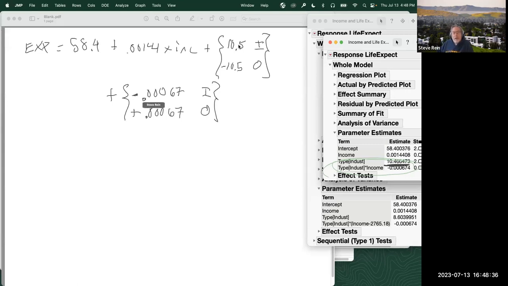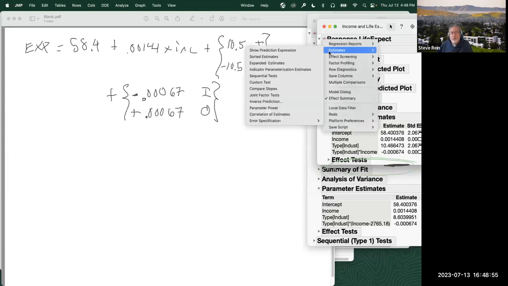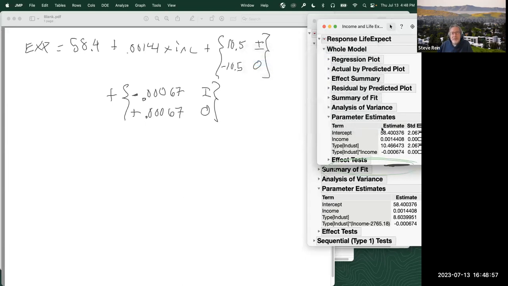Do y'all see the minus 0.00067 if income is attached to industrialized? We're changing the slope downwards by 0.00067, but for the other group, we increase the slope. Let's show you the expanded estimates.